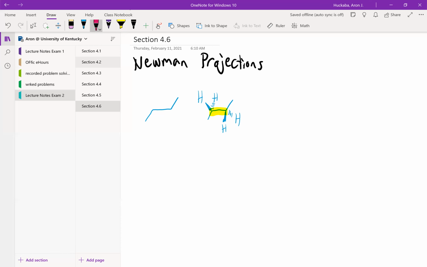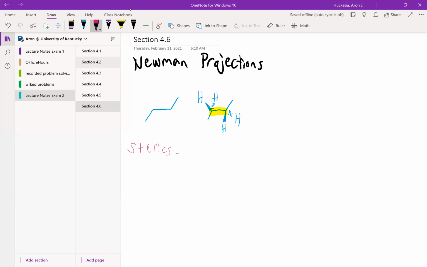Okay, so sterics is just a word that means how much physical space is present and how much physical space is being infringed upon in each molecule.